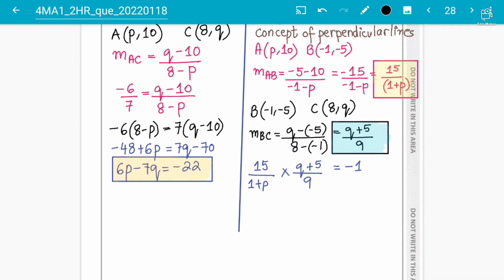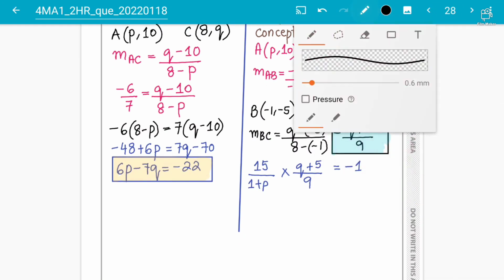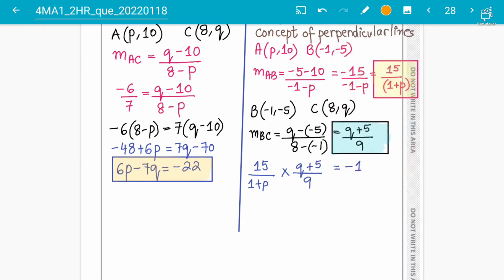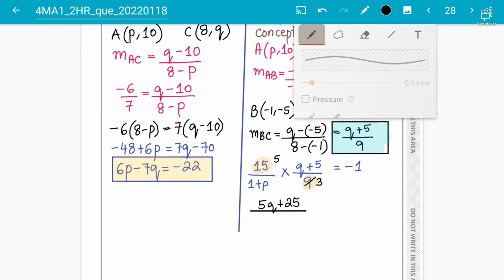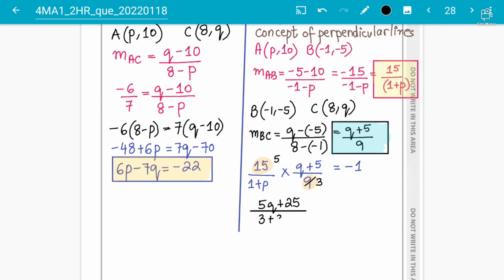Let's first try to simplify further. Multiply the numerators: 15 into q plus 5 is 5q plus 25, wait, 3 fives are 15 and 3 threes are 9, so we simplify to 5 times (q plus 5), that is 5q plus 25. Then multiply the denominators: 3 ones are 3, so 3 plus 3p, and this is equal to -1.